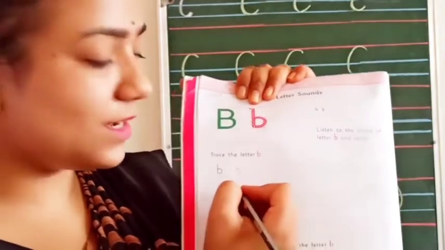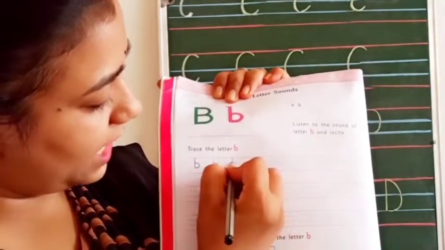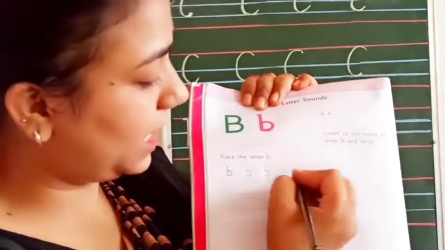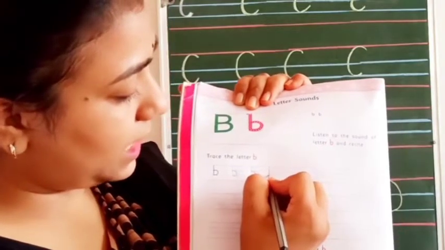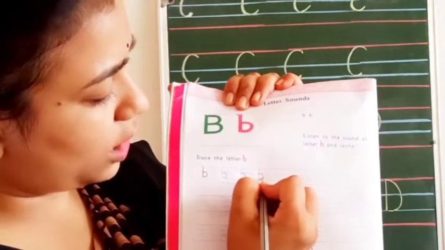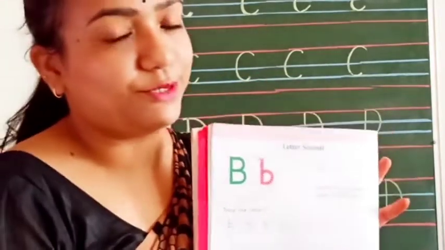Then again standing line, coming to the second line and make a small curve till the bottom line. Okay, so you will do this also.